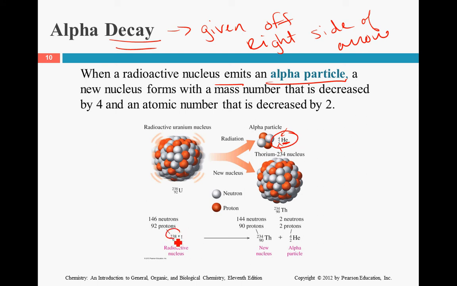So if we start off with 238, we take 4 out of it, we're left over with 234. Start off with 92, take 2 out of it, we're left over with 90. The new element is determined by the number of protons, not the mass number.